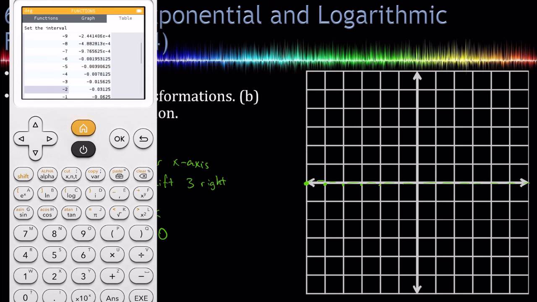Negative 2, you can see the numbers are getting a little bit more negative though. Negative 1, we're almost to negative 0.1. 0 is negative 0.1. 1 is negative 0.25. 2 is negative 0.5. 3 is negative 1. 4 is negative 2. 5 is negative 4, and then 6 is negative 8, which is off my graph. So we would draw that.